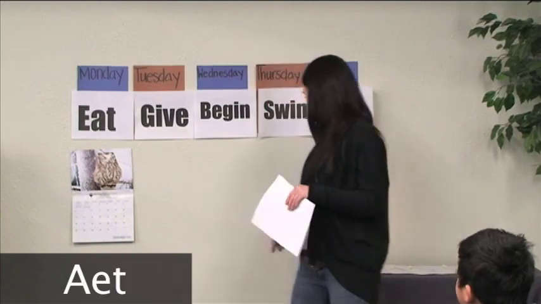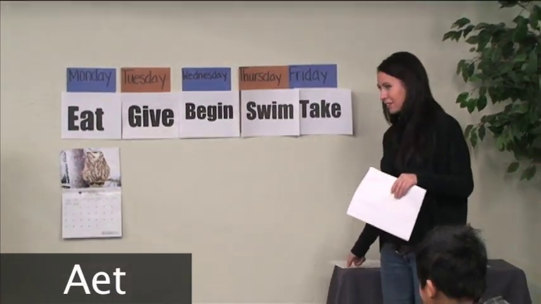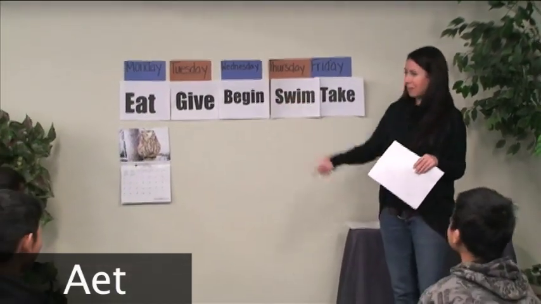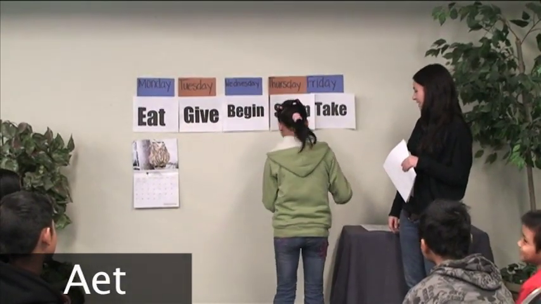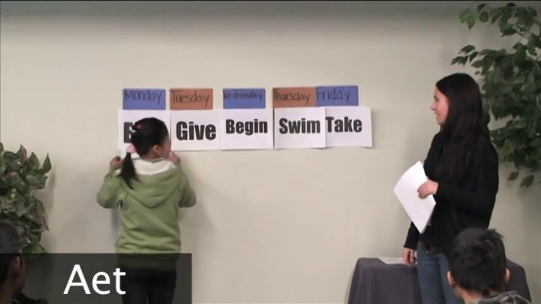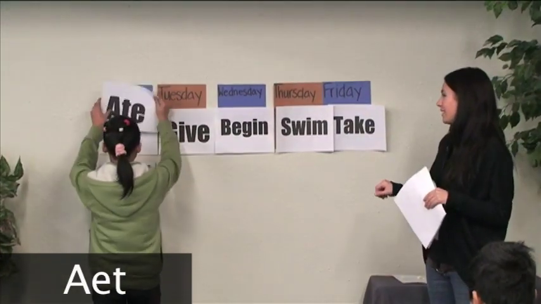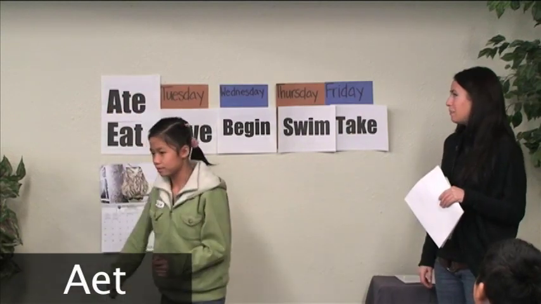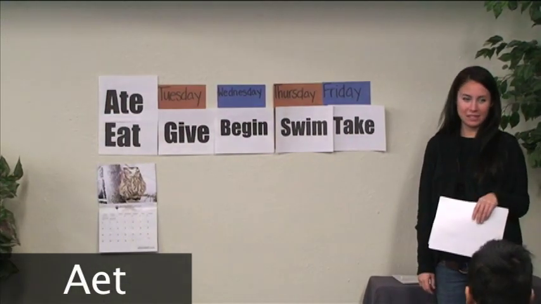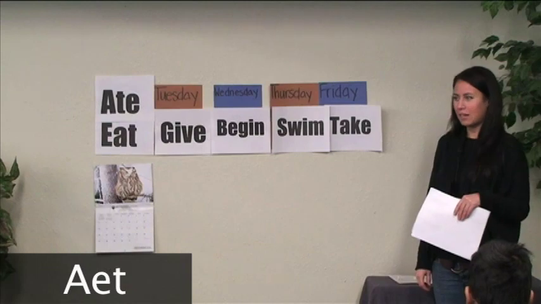Nate, do you want to come and put this one, the very first one, and stick it on top of that one and change that sentence? You can put it right on top of it. Good job. So Billy ate pizza, if we're talking about what he did last Monday.